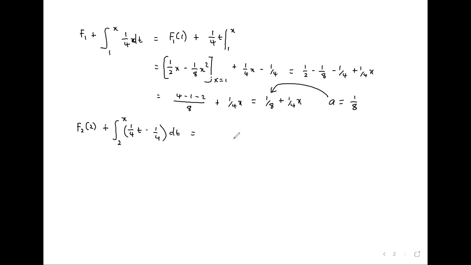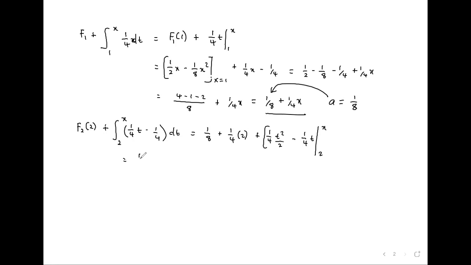So F of 2 is known. So you just substitute 2 there. So you have 1 over 8 plus 1 over 4 times 2, plus the integral there, we get 1 over 4 t squared over 2 minus 1 over 4 t. This is running from 2 to x.